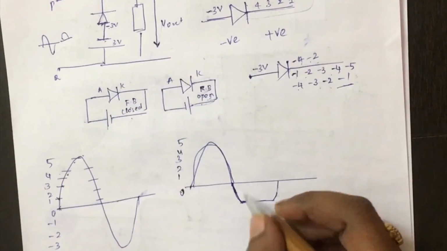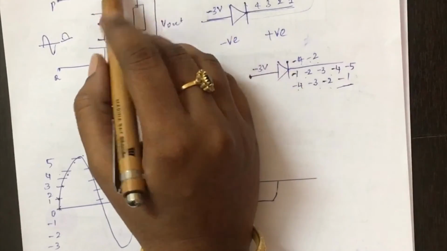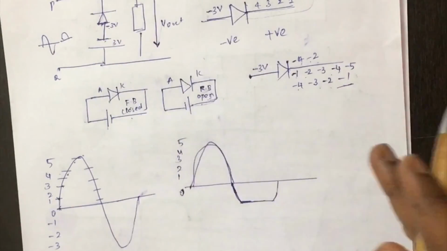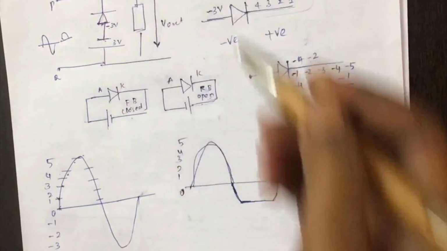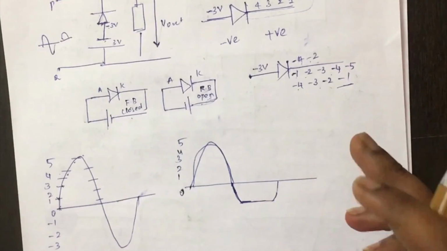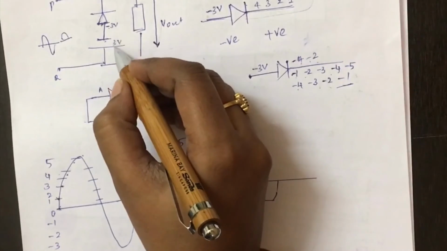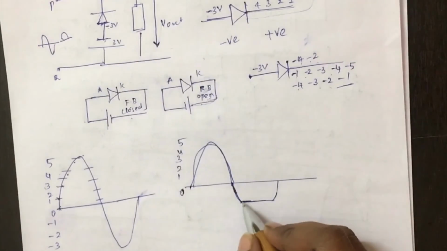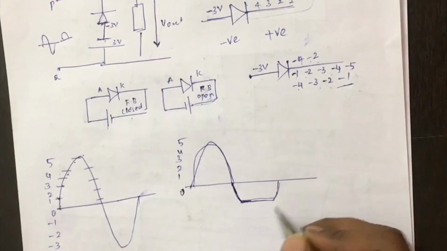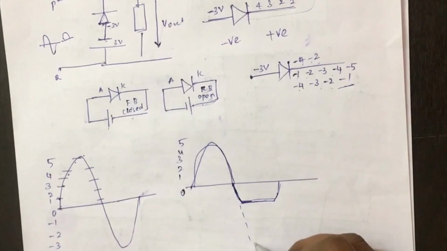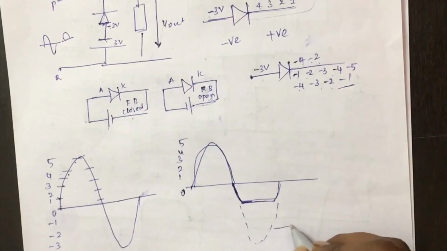So if you see, for the negative clipper, the negative portion of the input signal will be clipped. Since we are biasing the circuit, only the required portion of the signal will be clipped. Here minus 3 volt is applied, so till 3 volt the output will be passed. Greater than whatever the voltage is there, that is clipped.